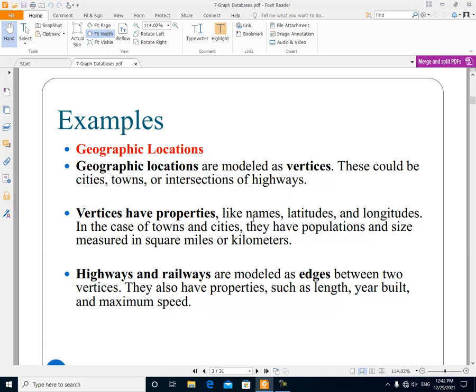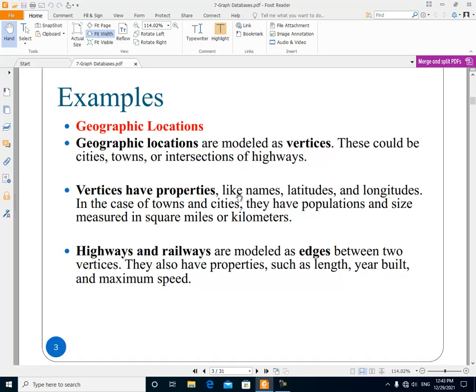For example, if we have a city or town, the population, the size, and then in this graph, the edges are the highways and the railways between those cities. So we have a graph. The nodes are the locations, and the edges are the highways or railways between those cities.